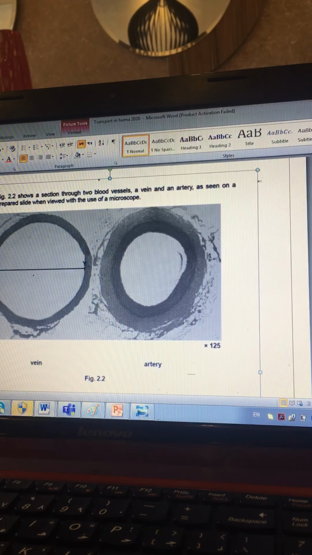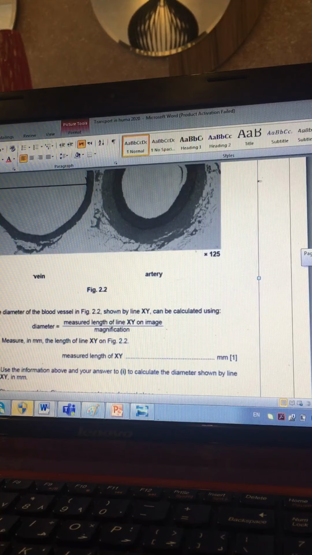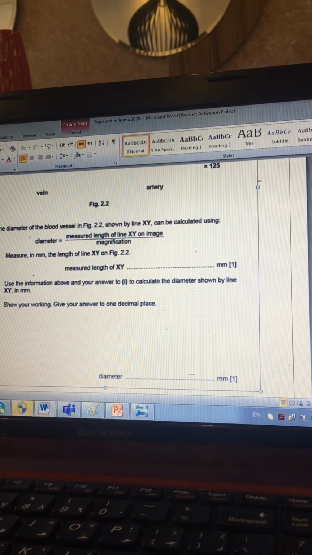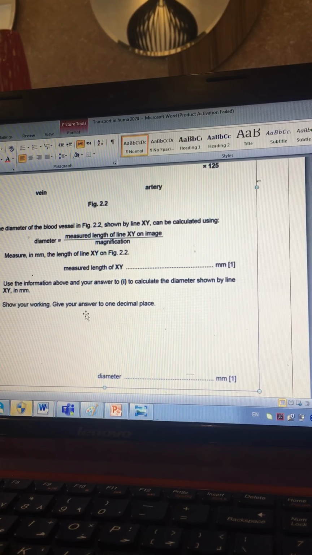Okay, let's go to see I and to see what it asks for. Yes, here it asks for magnification. You should take the length from x to y, and here is the equation. After you take the length, you measure it, then you show your work.